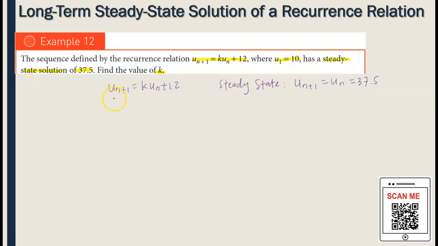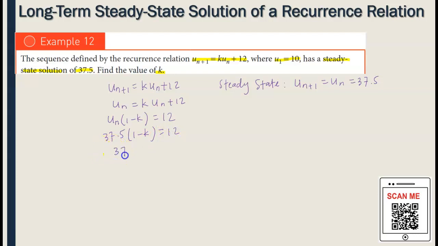So you can replace the whole thing here. I just put un first. So I have u times 1 minus k equals 12. With un being 37.5, so 1 minus k, I end up with 12 here.